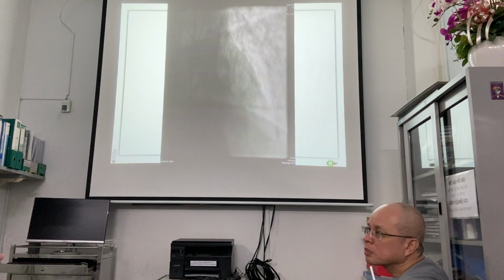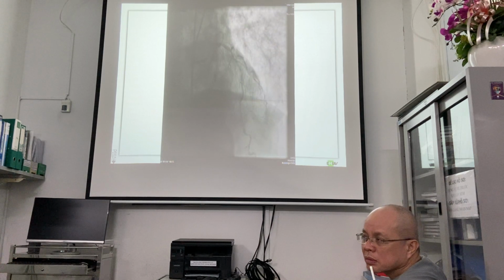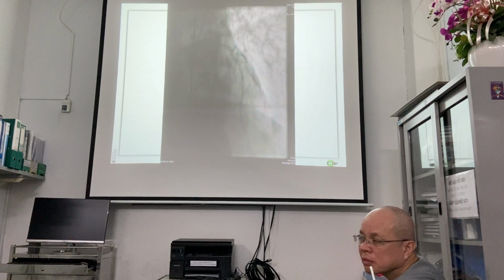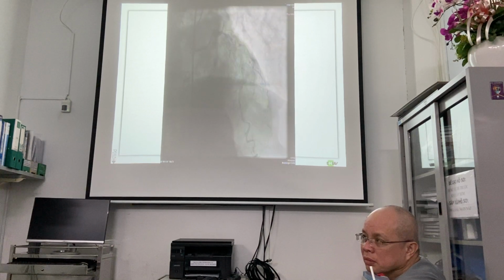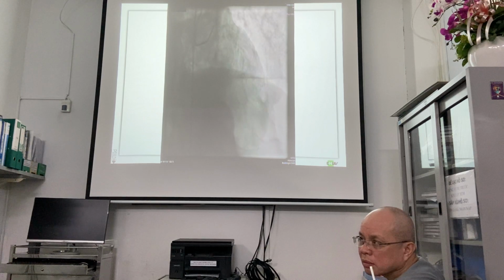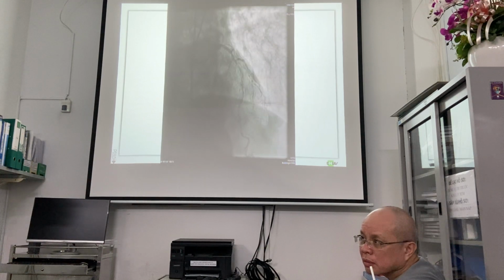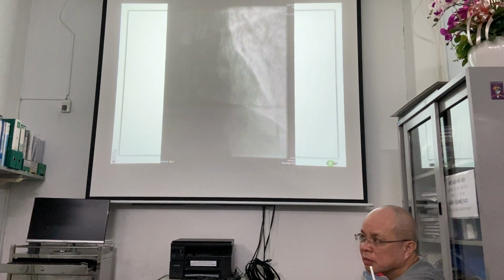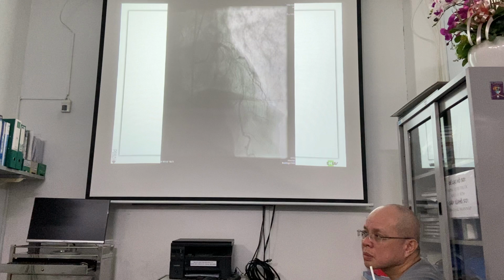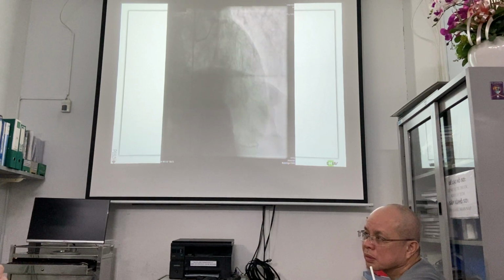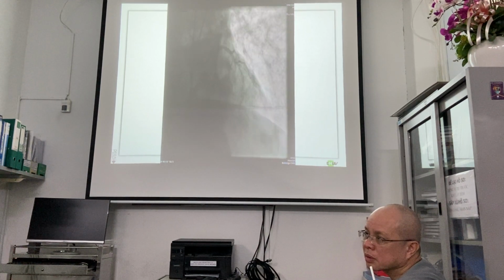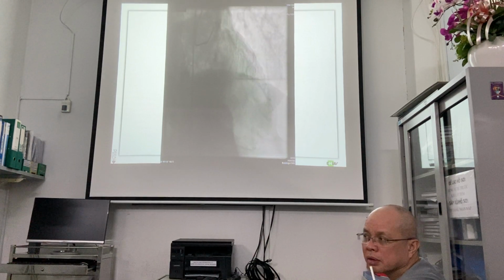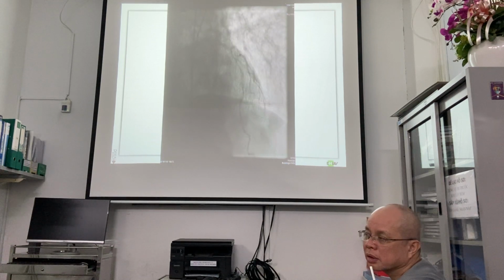The problem with the RG3 is that it is a very soft wire, 3 meters long. The Rota wire is not made to make an arterial loop. And what happens is, if you do this kind of retrograde CTO with an RG3 wire and you pull on the RG3 wire, that means you pull on the vasculature, the patient will have a vasovagal reaction, and the pressure will go down. You can see that.